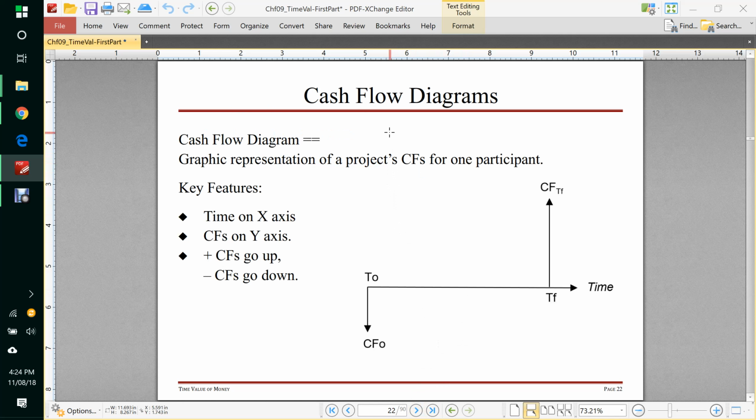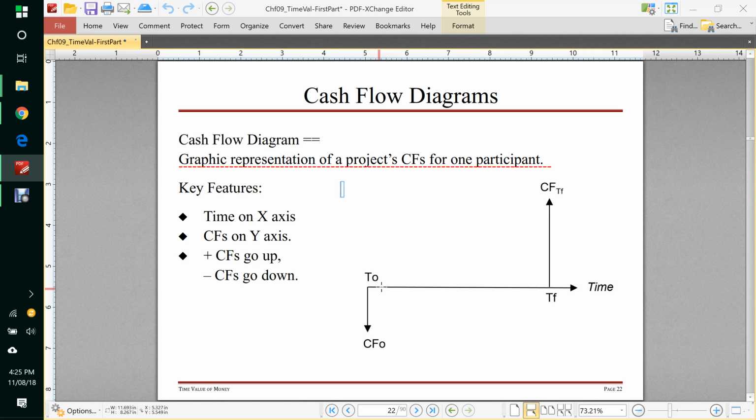So next up are cash flow diagrams. Cash flow diagrams are going to be extremely important to us throughout finance. So this is very important to understand. So a cash flow diagram is a graphical representation of a project's cash flows for one participant.